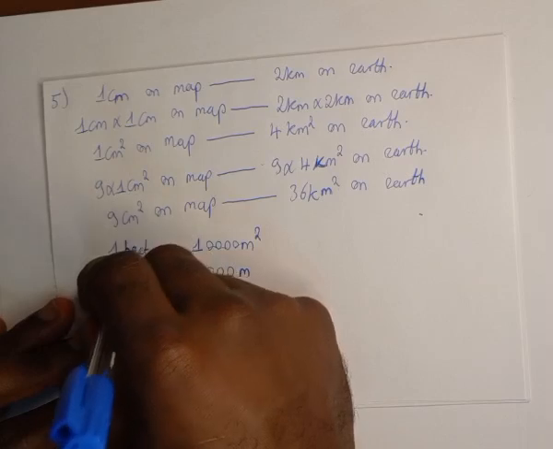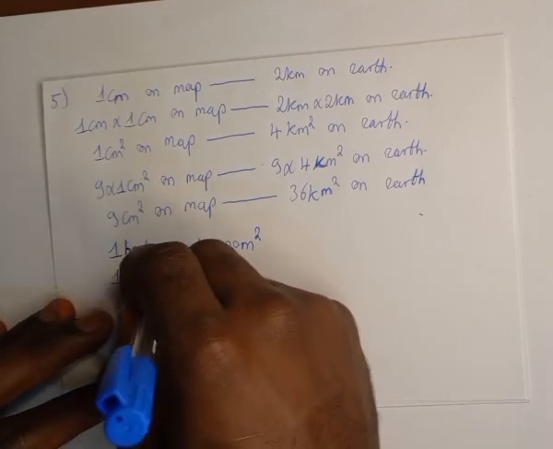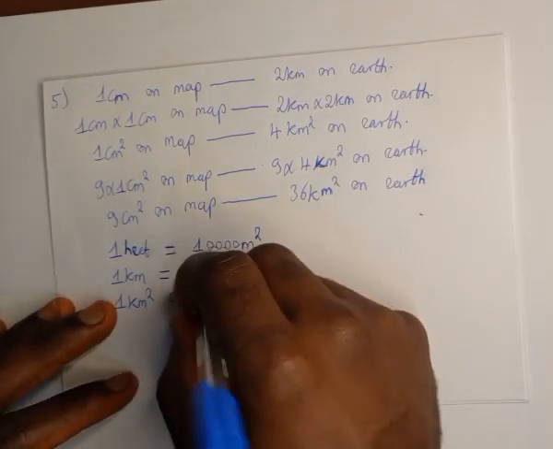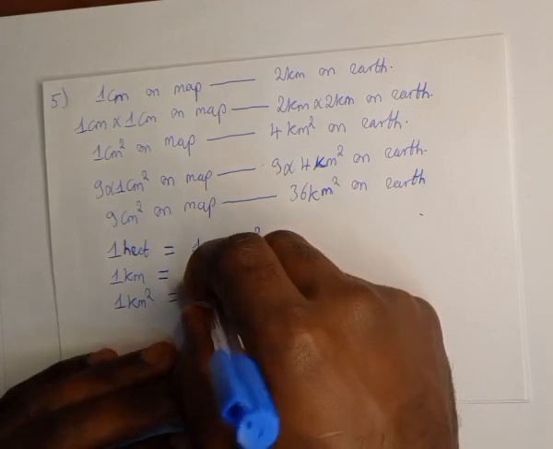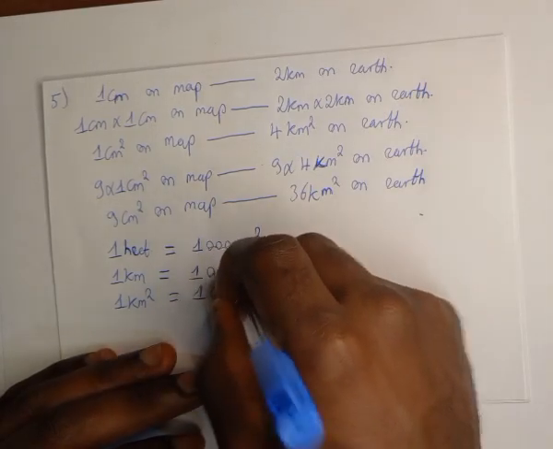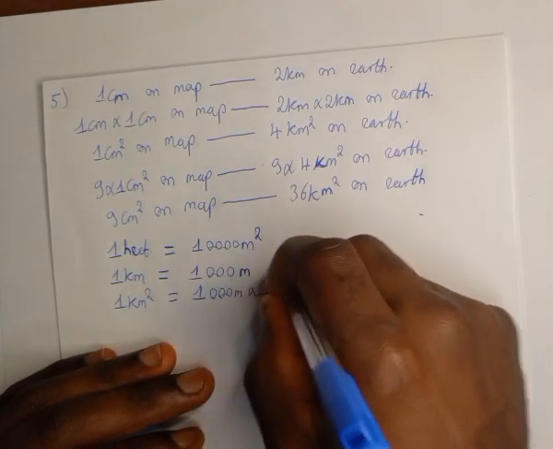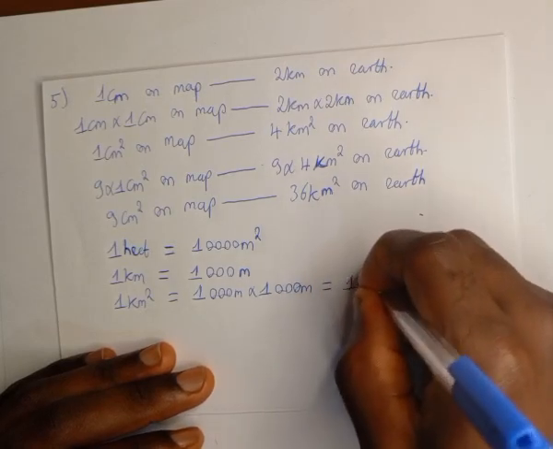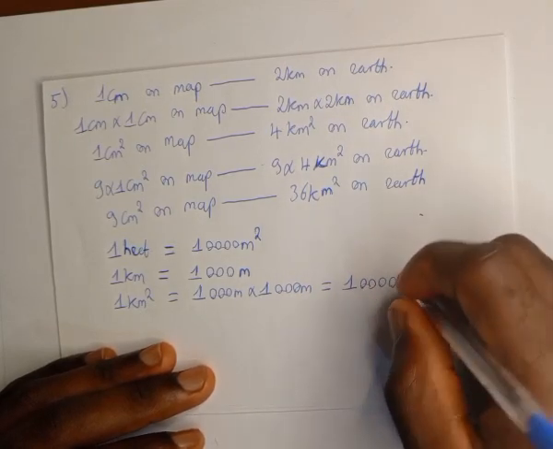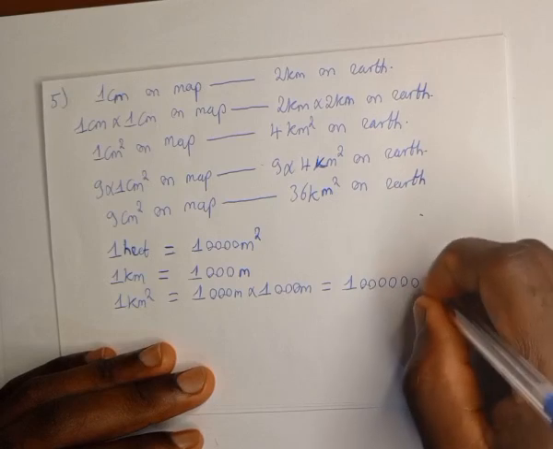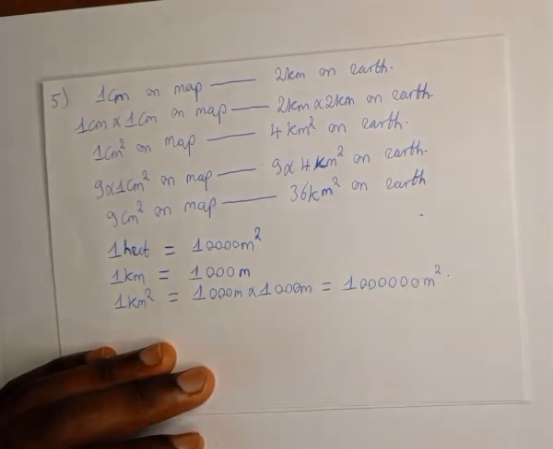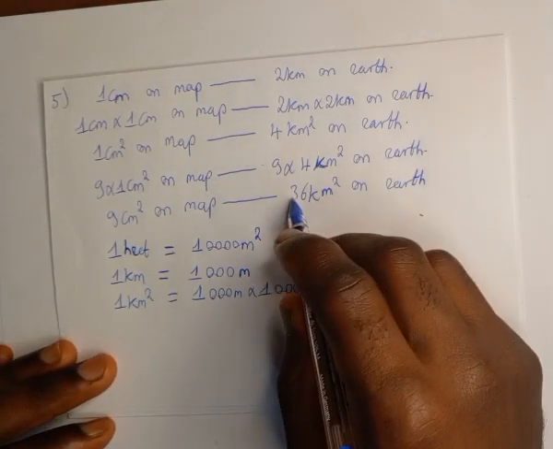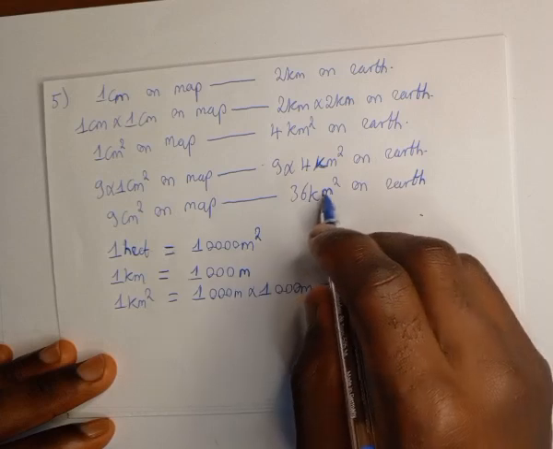So if you take 1 kilometer squared, which is for area, it will be the same as 1,000 meters times 1,000 meters, which is simply equal to 1,000,000 meters squared.